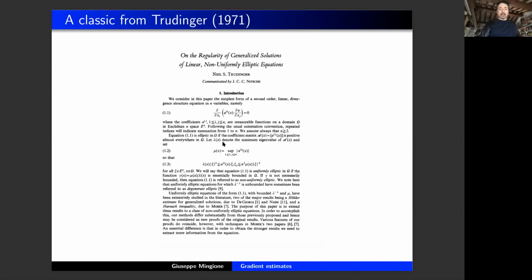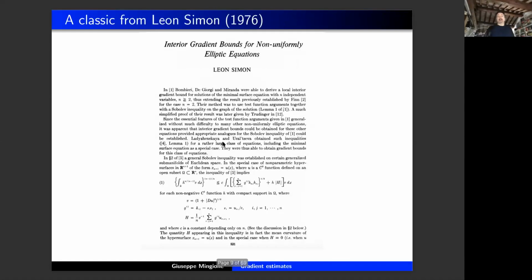This is another classical paper of Neil. These are the golden times of this elliptic regularity. And then there's another classical one by Leon Simon. This is just to give 3 prehistoric examples of non-uniformly elliptic regularity papers.